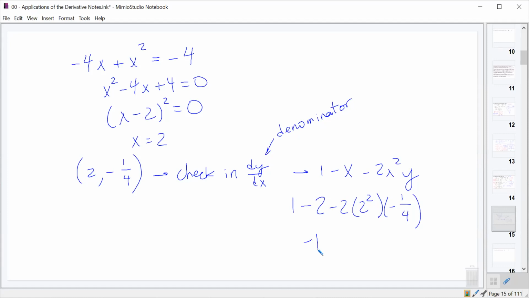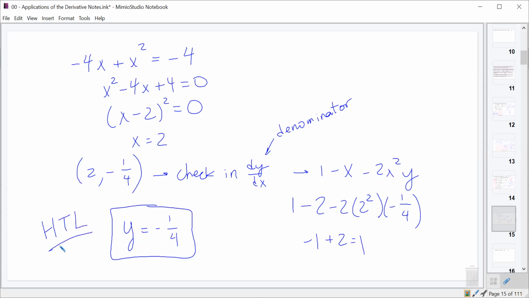We got 2 times 4 is 8 times 1/4. It's 2. So we got -1 plus 2, which is 1. And so clearly that didn't make the denominator of dy dx 0. And so we just have the one horizontal tangent line of y equals -1/4. And so we'll take a second and take a look at what the graph looks like.